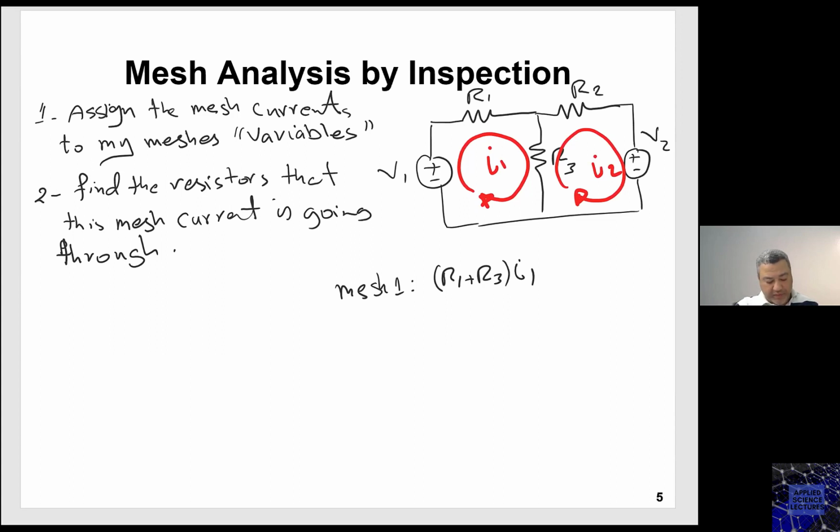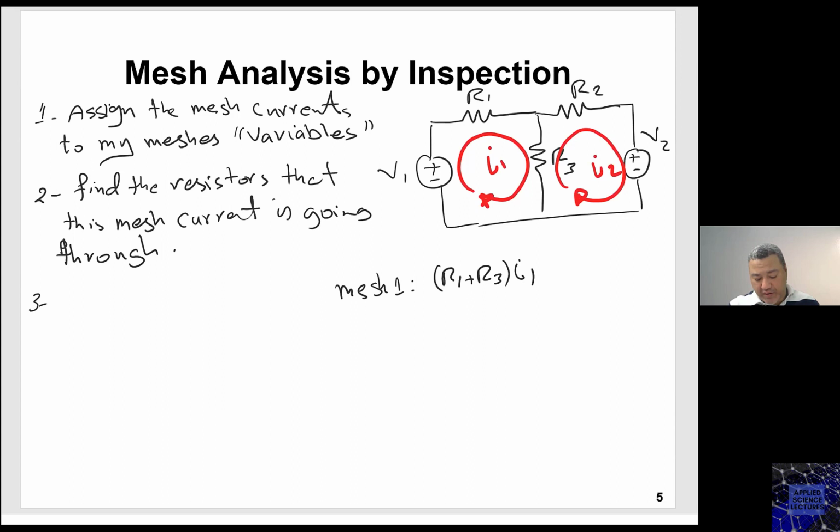Then I will look at the shared resistors. If I have a shared resistor here, R3, if the direction for I1 and I2 for R3 are both clockwise, then they have to be added. No, look at R3, the shared resistor. How is I1 going through R3?